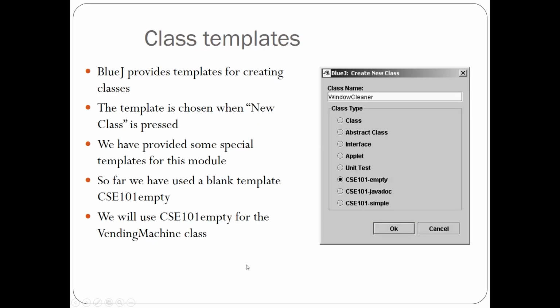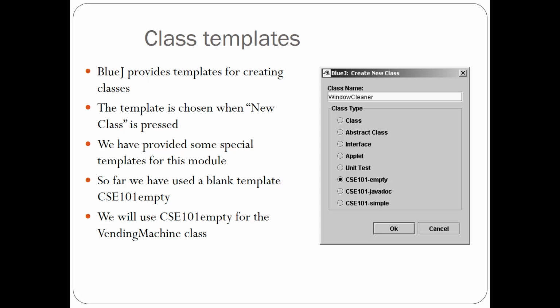And it's at this point I'm going to introduce a new type of class template called CSE 101 empty. If it's not available in BlueJ directly, I will make it available on the network machines.